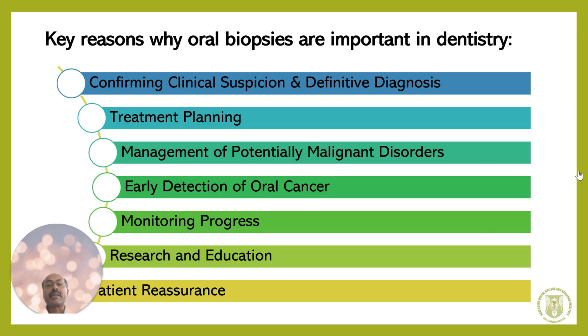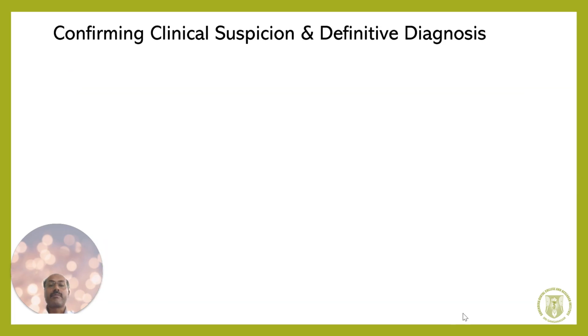One, to confirm a clinical suspicion and to arrive at a definitive diagnosis. It is also used for treatment planning, for management of potentially malignant disorders, for early detection of cancers and monitoring progress in certain conditions, and for research and education and also for patient assurance.